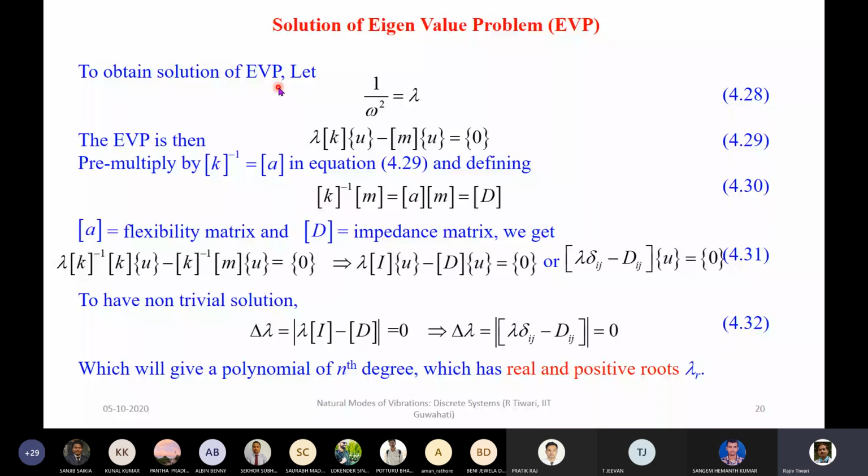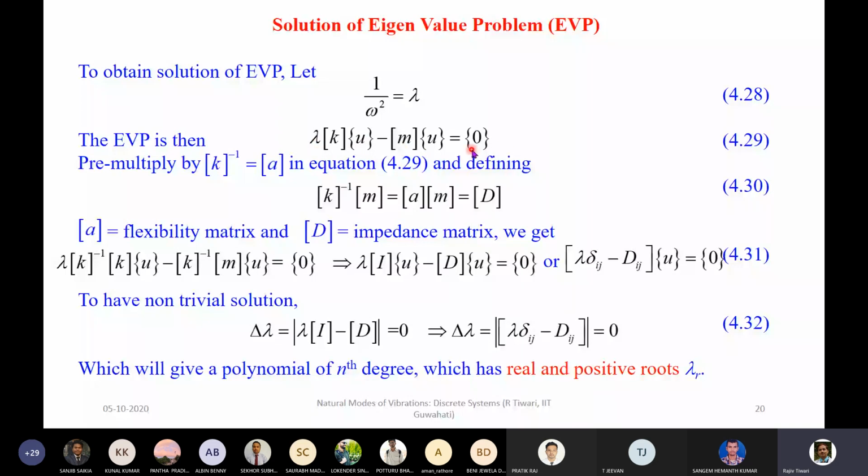which we obtained earlier, I'm now defining lambda as 1 by omega square. Because omega square was with the mass matrix, if we divide the previous expression by omega square, 1 by omega square will be here. So I'm defining that as lambda. Now I'm multiplying this expression by the K inverse matrix.